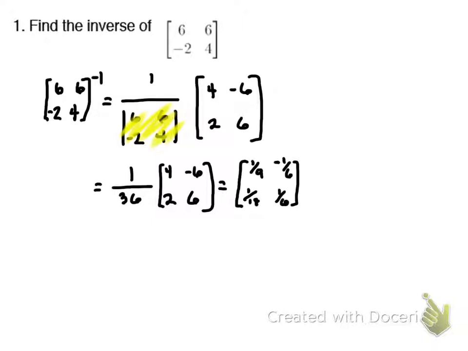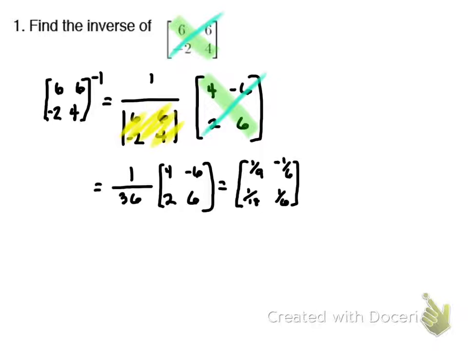And remember how that happens is that the values on the diagonal going this way have switched places, and the values on the diagonal going this way have become their opposites.